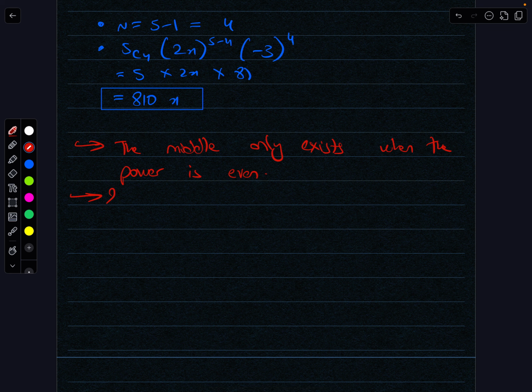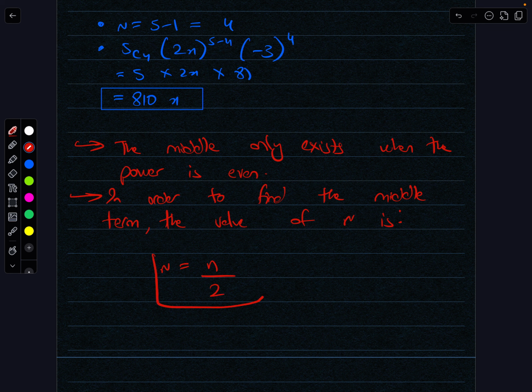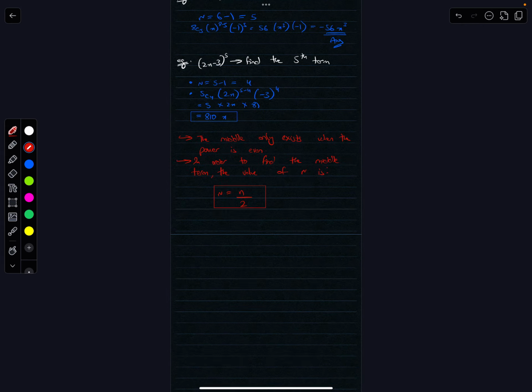And in order to find a middle term, the value of r is given by r is equal to n over 2, where n is the power. This is also important.